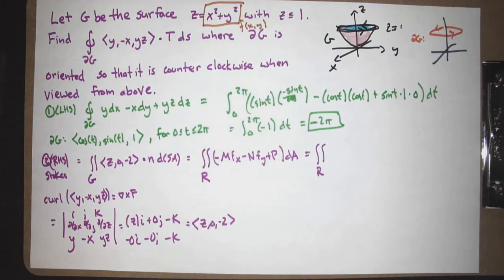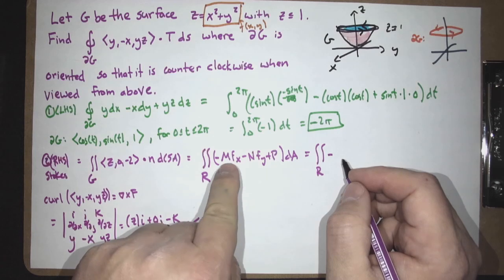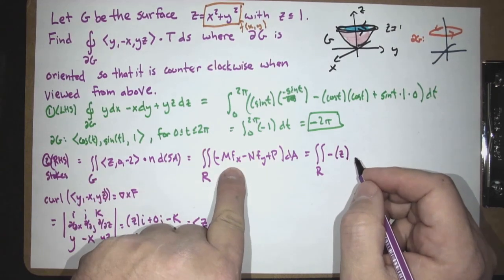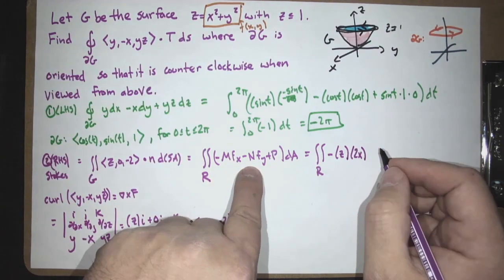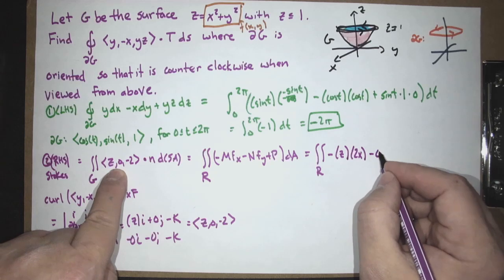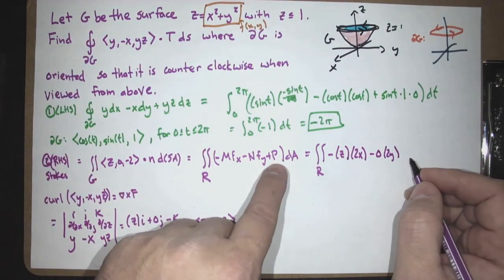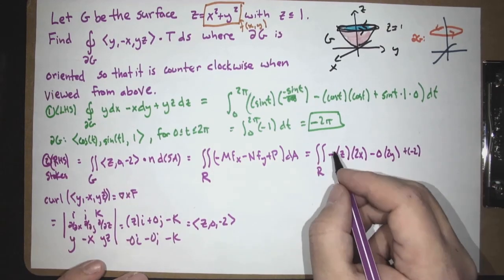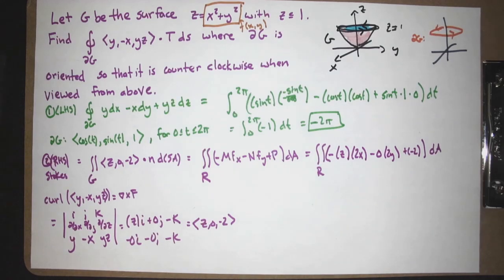Okay, so term by term, this is going to be minus our M, which is z, times f_x, which is 2x, minus our N, which is 0, times f_y, which is 2y, plus our P, which is negative 2. And all of this is dA. All right, well, what's our region?